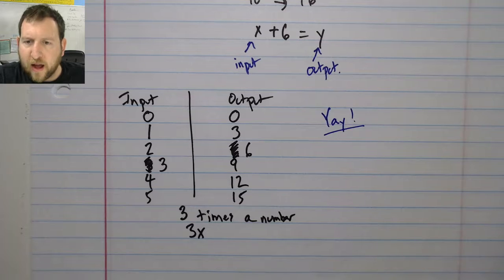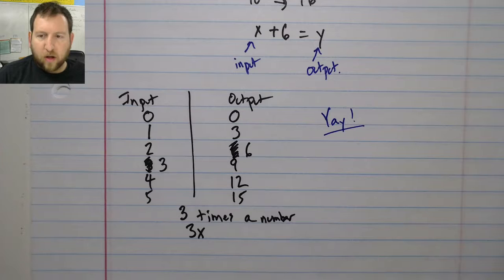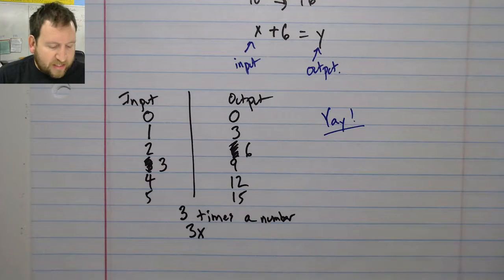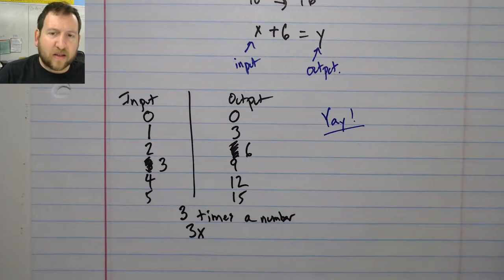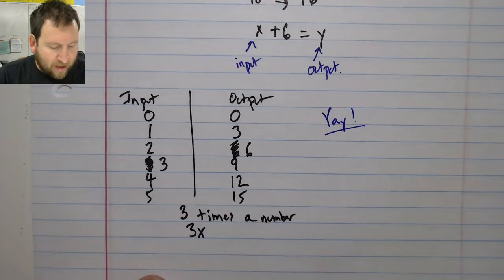The other thing they're going to start asking you is, are these functions yes or no? And the big way to check this is, does this match the rule that they created?